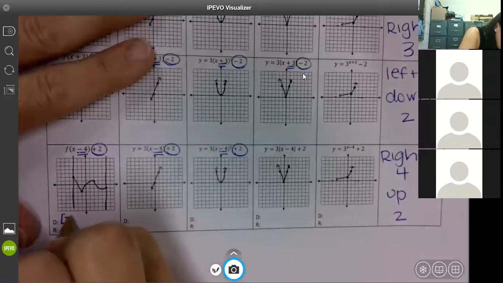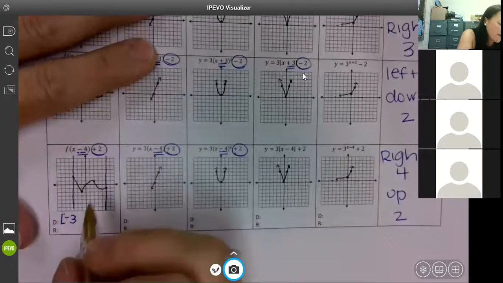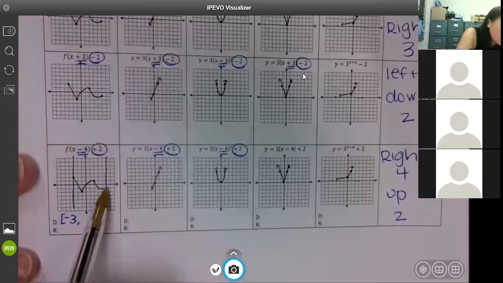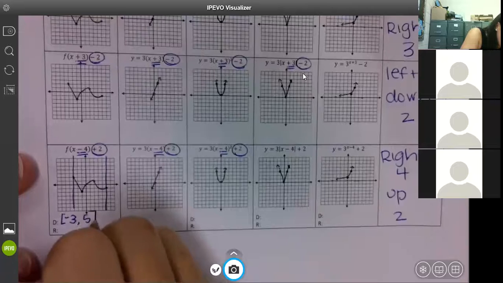Watch your signs. If I put "watch your signs" on your quiz, that means you got a negative or a positive wrong somewhere. And then it has no holes as we go across all the way to what? Where do we finish up? 5. Also a solid point.